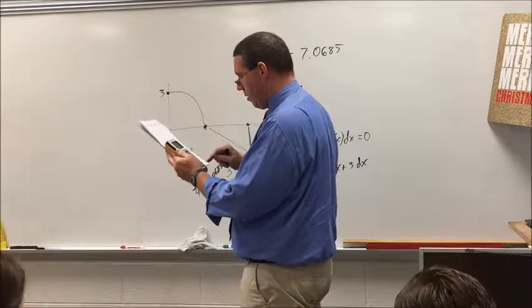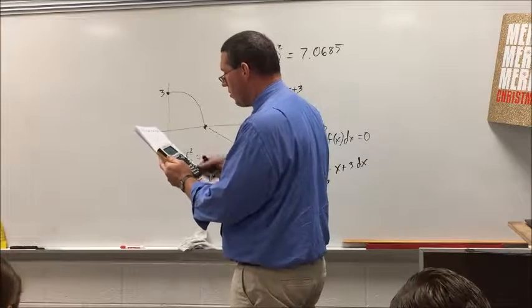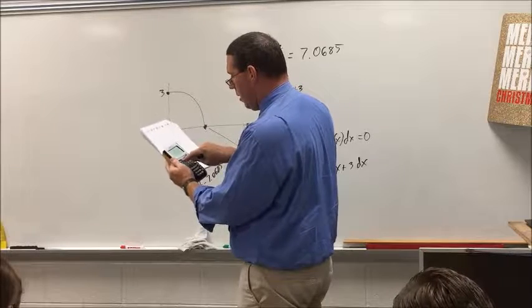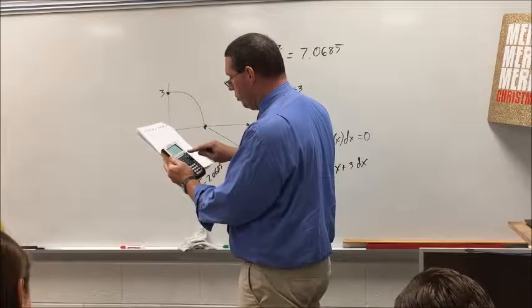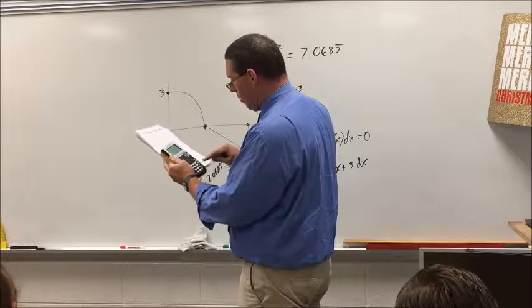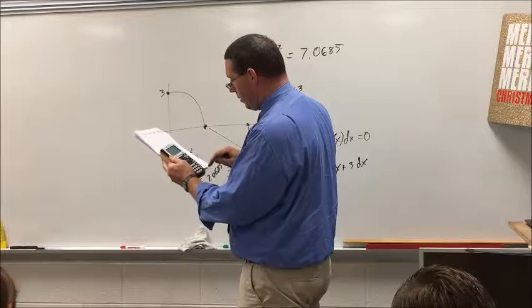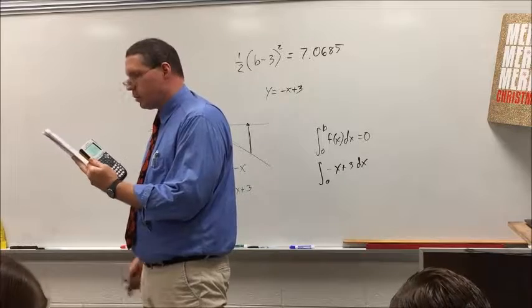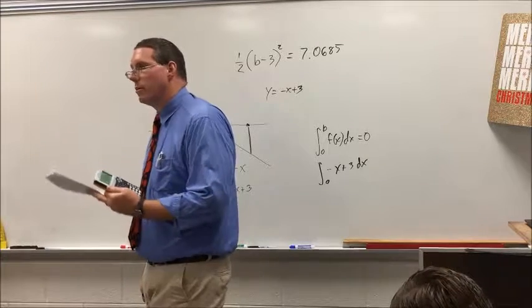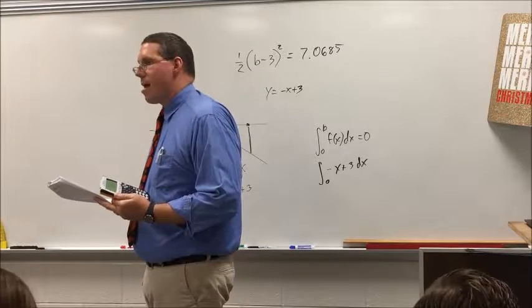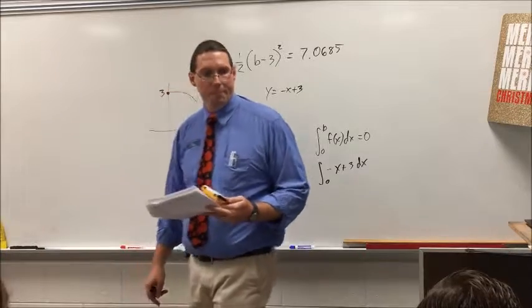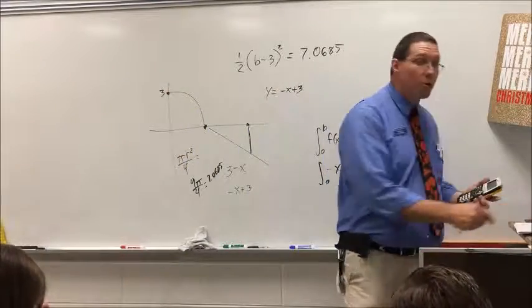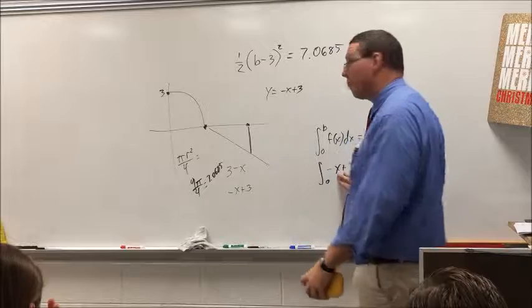Then I find where it crosses the x-axis: second calc, option 2, left bound, right bound, enter. 6.759, which is close enough to 6.760, option D. But I personally think it's easier just to do the definite integral of this.